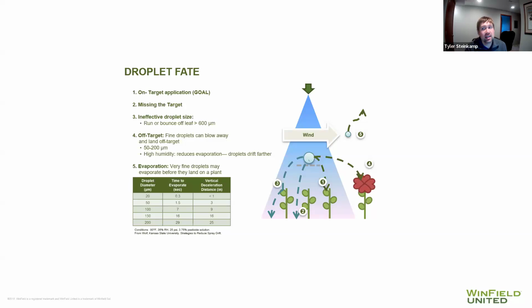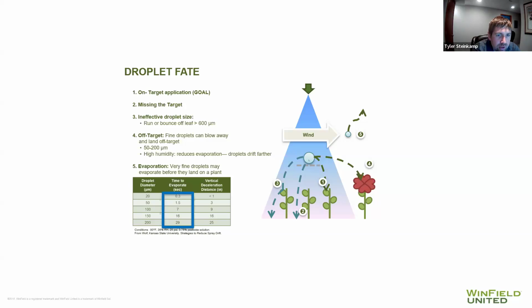Now, the downside to that is when we get too small of droplets, there's two different things that can happen. We can either have it move off target through wind or just blowing off target, or one thing that I think is more critical is we can actually have those really small droplets evaporate before they hit the target.